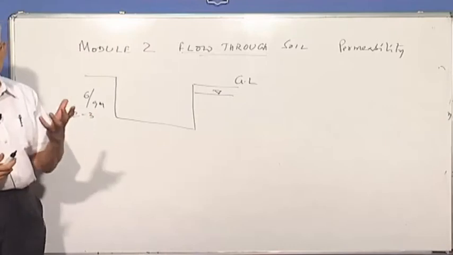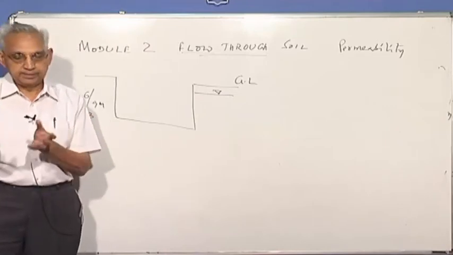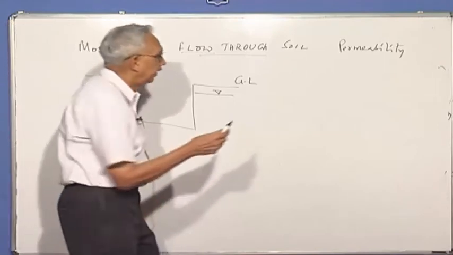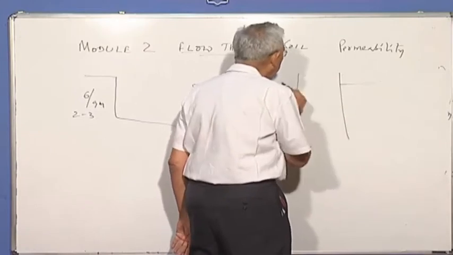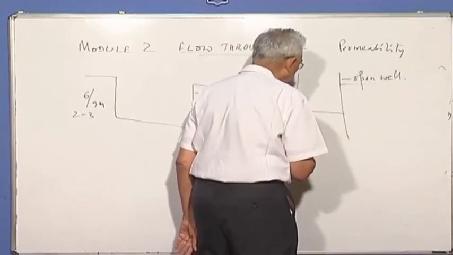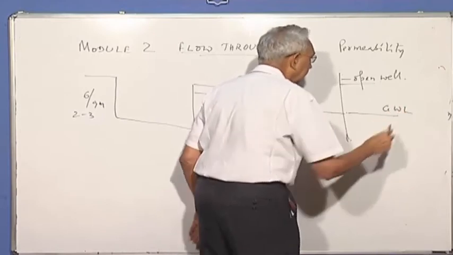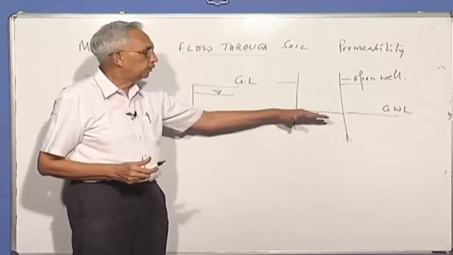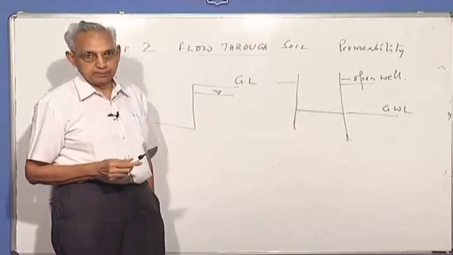The best way to explain groundwater level is, if you go and see an open well, the water level may be somewhere here. This corresponds to the groundwater level. The water level below the ground surface, which is a stable one, is what is called the groundwater level.